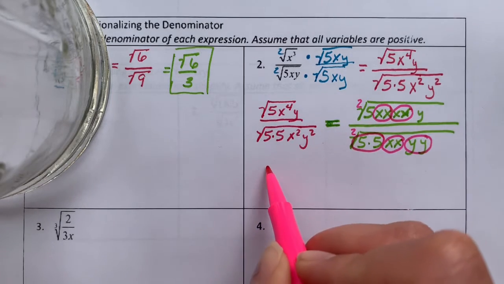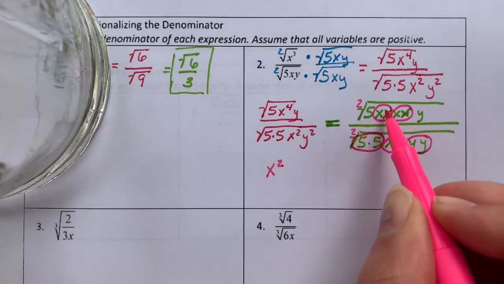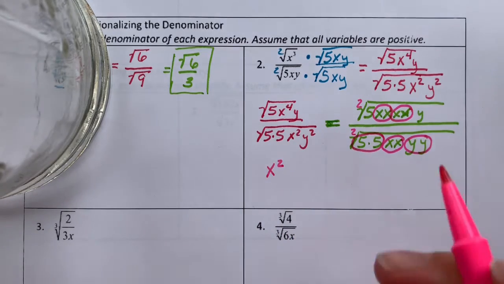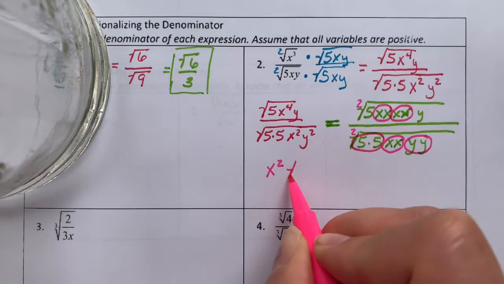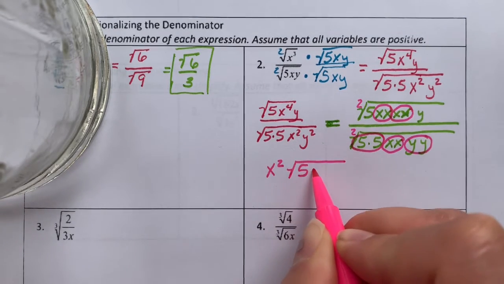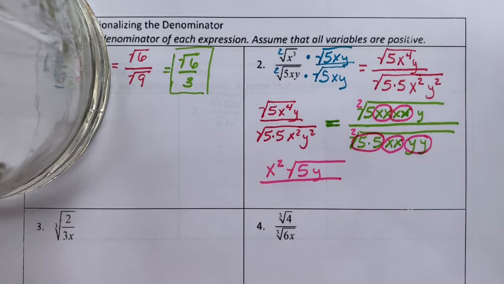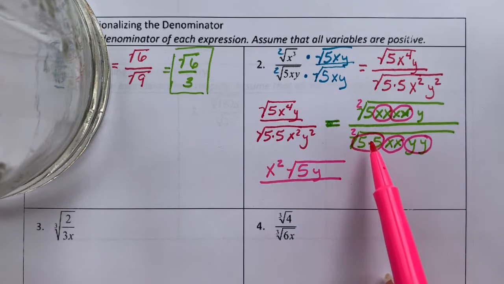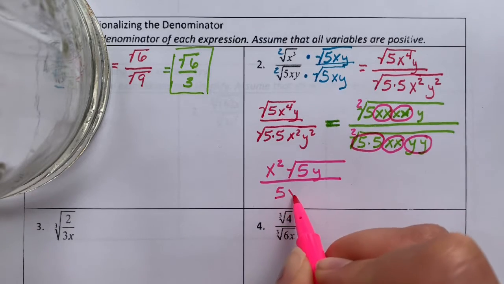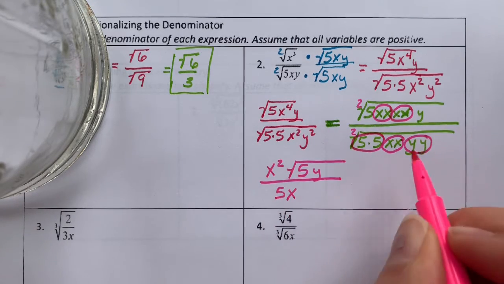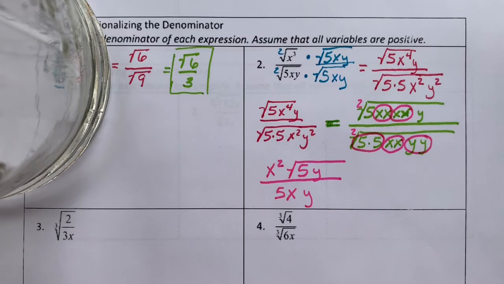So this becomes x squared, because I have 1, 2 groups of x's. I don't have anything else that I can take out on the top, which means that it stays inside the radical. Now that is over. I have a 5 that I can take out, I have an x that I can take out, and I have a y that I can take out.